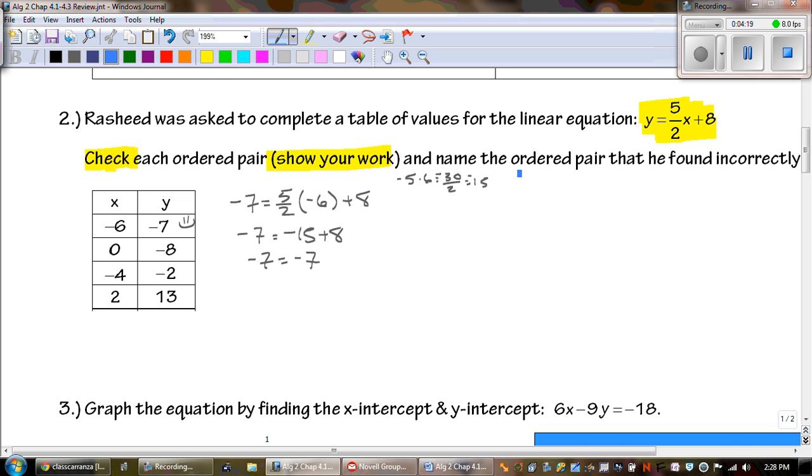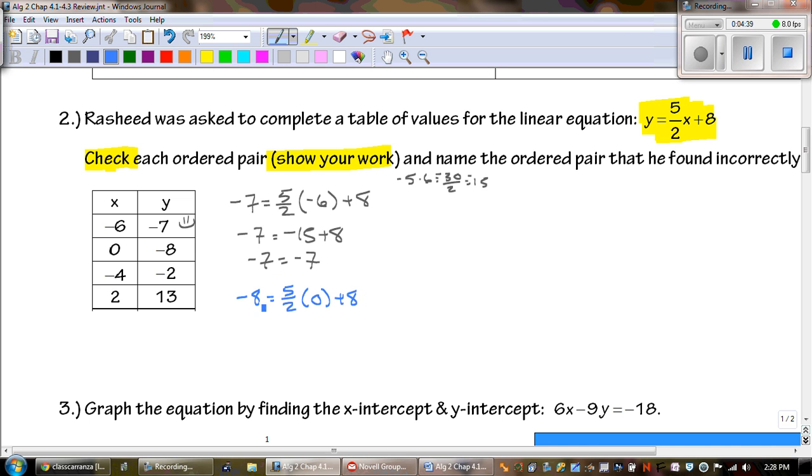Now let's check the second one. So we have the point 0, -8. We have -8 equals 5/2 times 0 plus 8. Okay.